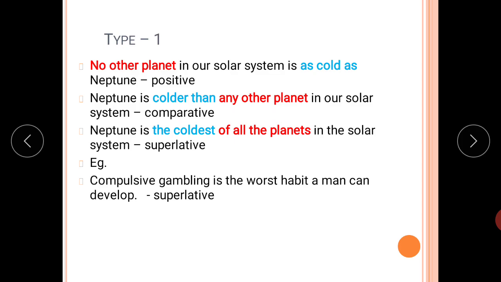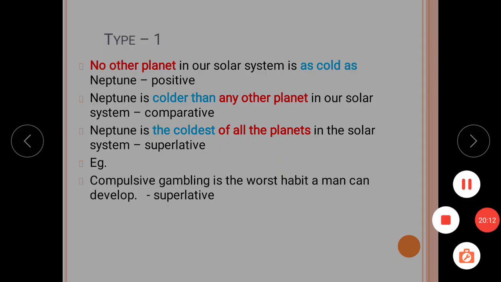Or you can write, no other habit a man can develop is as bad as compulsive gambling. Okay, I've given you positive. Already the question is superlative. You just try comparative. This is type 1. Hope you understand type 1.